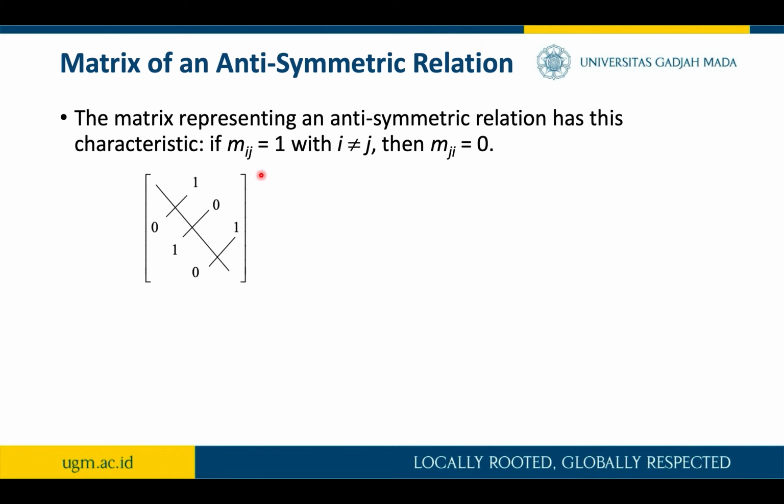And this is the matrix representation of an anti-symmetric relation. If Mij equals 1 with i not equal to j, then Mji must equal 0. So we have here, if this is 0, then the corresponding element here is 1.